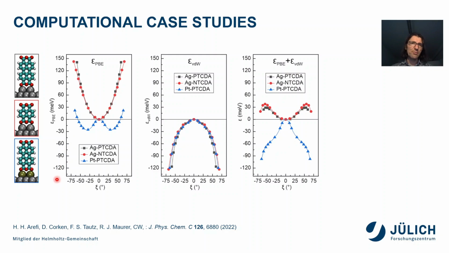And then to test our dipole model, we introduced a pedestal of platinum atoms instead of silver, which actually has an opposite dipole compared to that of the silver pedestal. And indeed, there is no stabilization if you put PTCDA on the platinum, which kind of confirms our model.